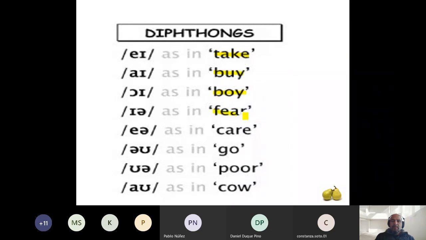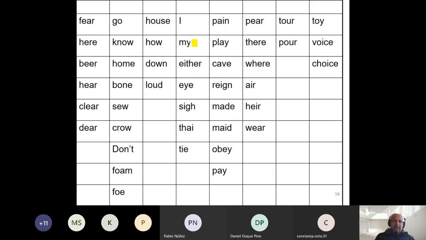If you remember these words, maybe you can remember which diphthongs they are. A good way also is to create a sentence using take, buy, boy, using the words for you to remember the diphthongs.